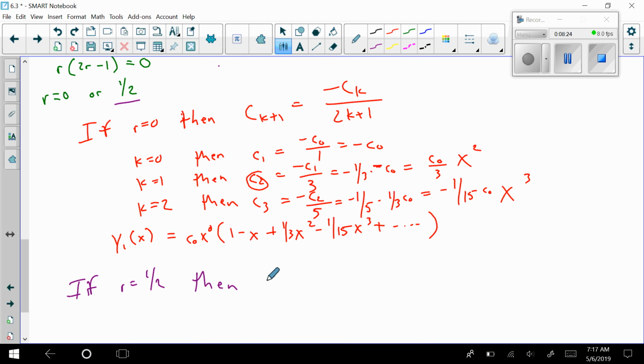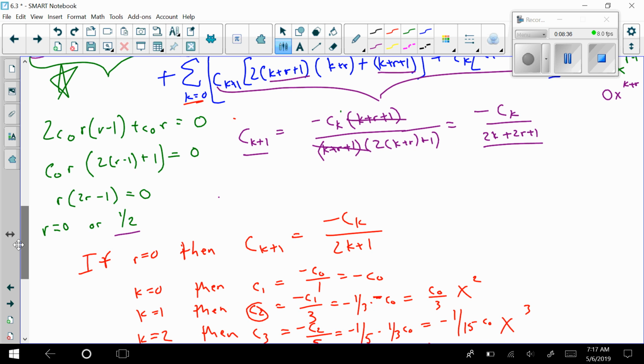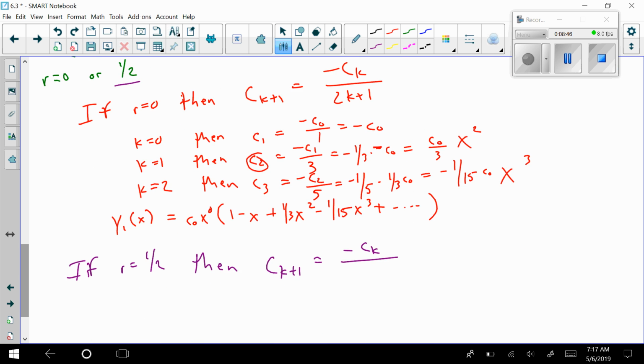So I have my c sub k plus 1 equals a negative c sub k up top still, right? And then it's divided by, well, let's see here, if it's a half for r, that would make this r just a 1. So it's 2k plus 1 plus 1, which is just 2k plus 2, right?